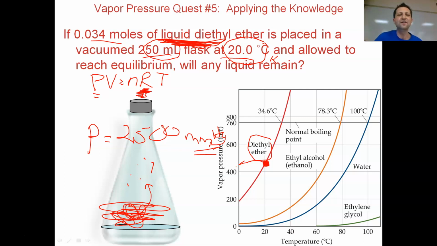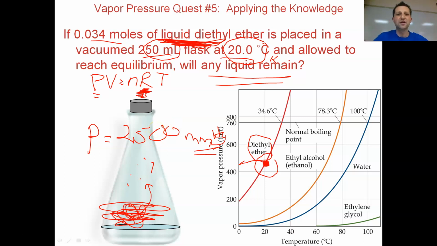If all of it evaporated, the pressure would be 2,500 torr. That's not the case, so some will evaporate until the pressure reaches 450 torr, and we're saturated. Will any liquid remain? Yes, all the rest of it. Some evaporates to give you 450 torr, and the rest stays in the liquid state, so we cannot reach the pressure of 2,500.